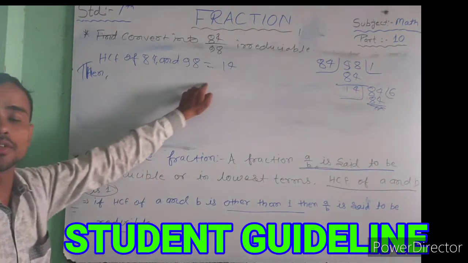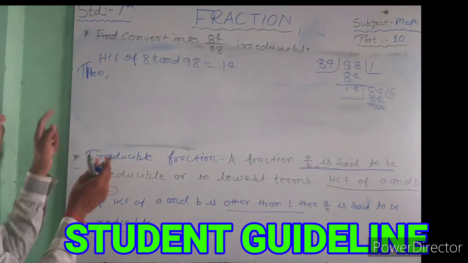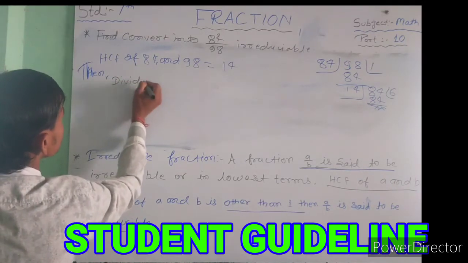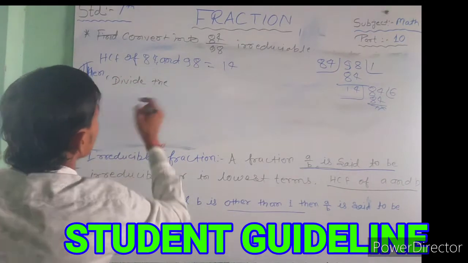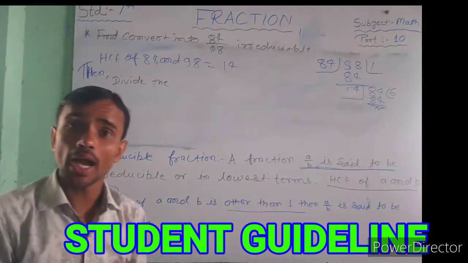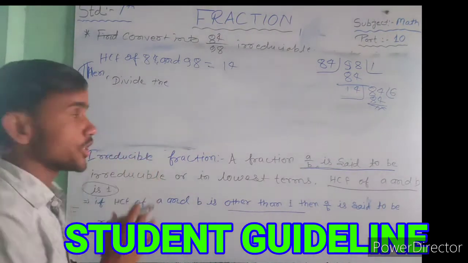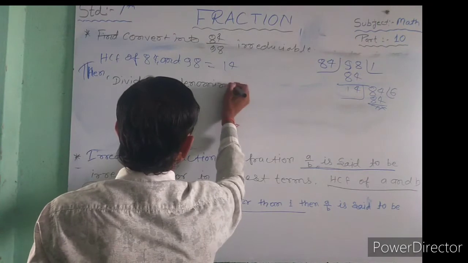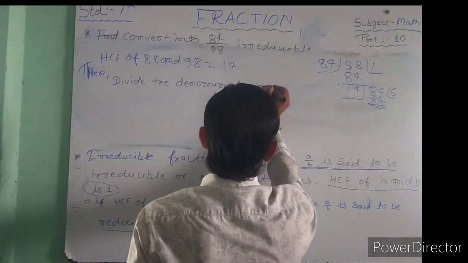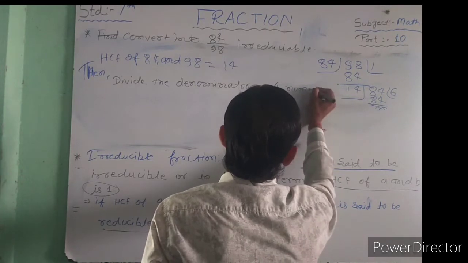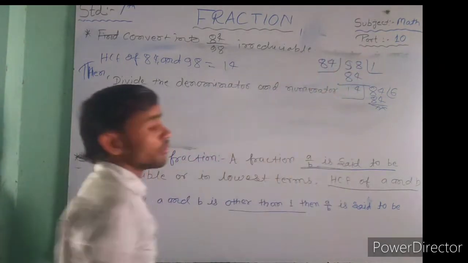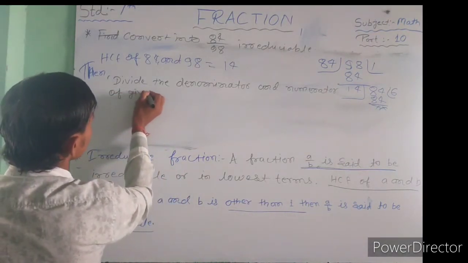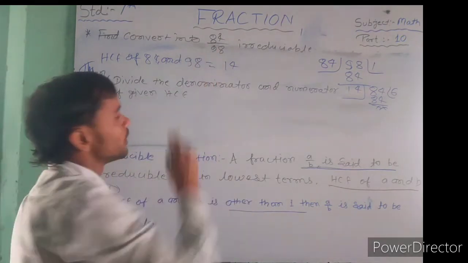So divide the denominator and numerator by the given HCF.